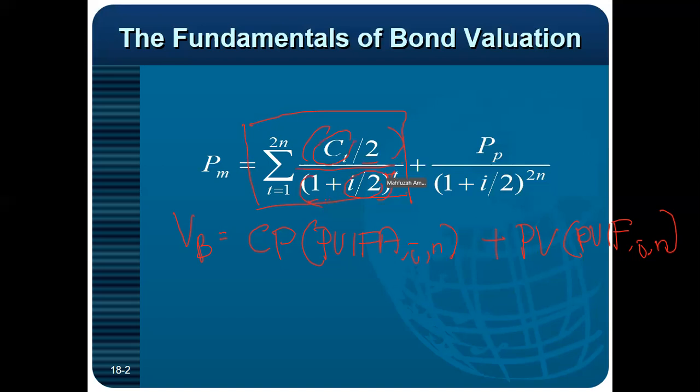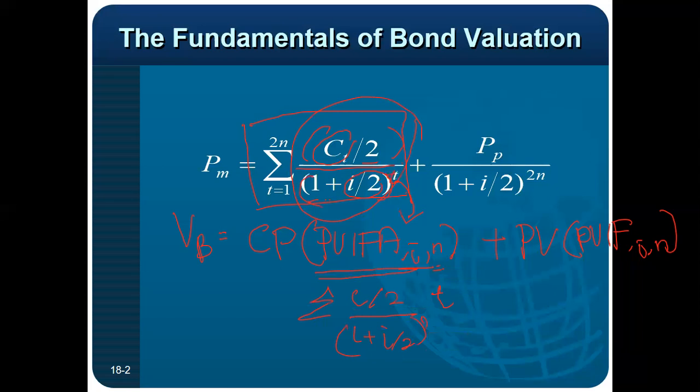When you sum up this formula, it comes out as PVIFA, and then you need to find the I and N. N is the maturity years, which here is T, and I is the interest rate. So PVIFA is the summation of coupon payment divided by 2, divided by 1 plus I divided by 2, to the power of N.